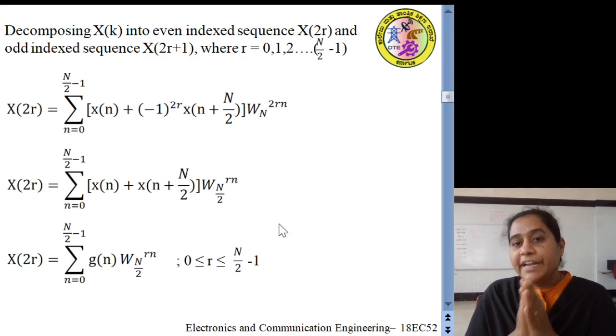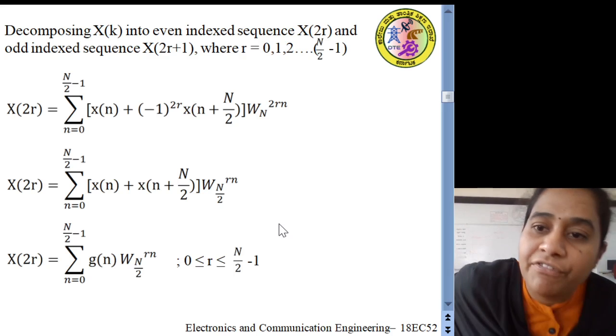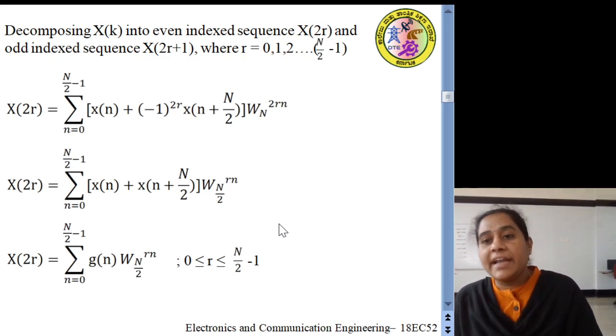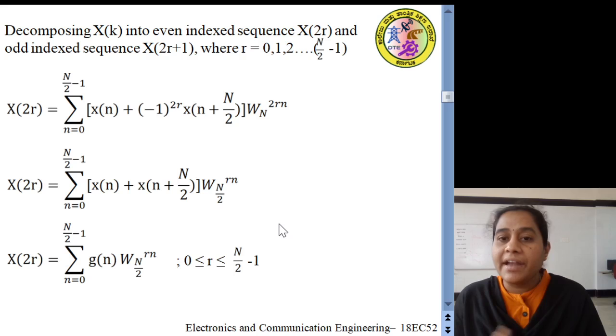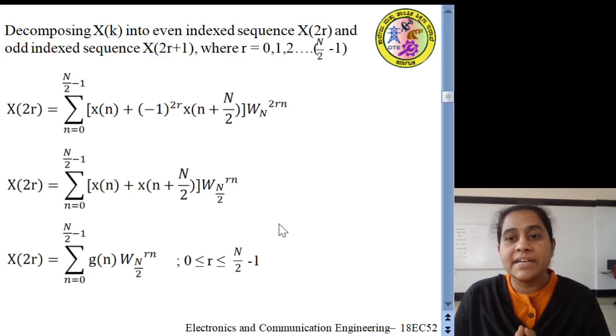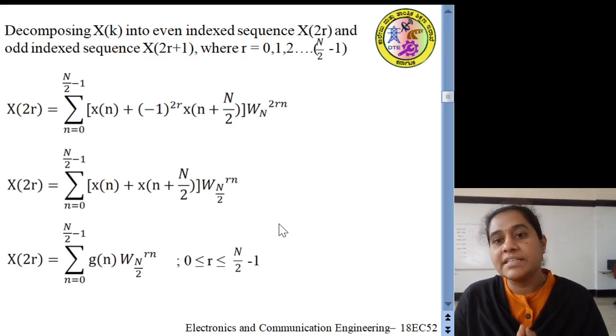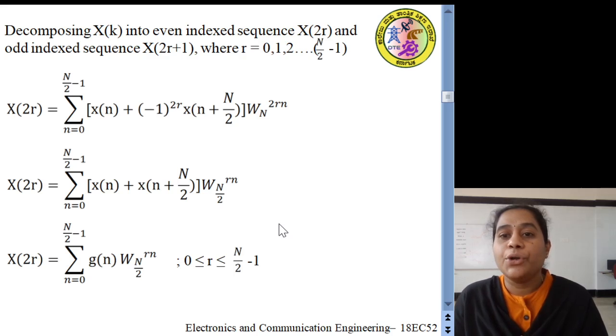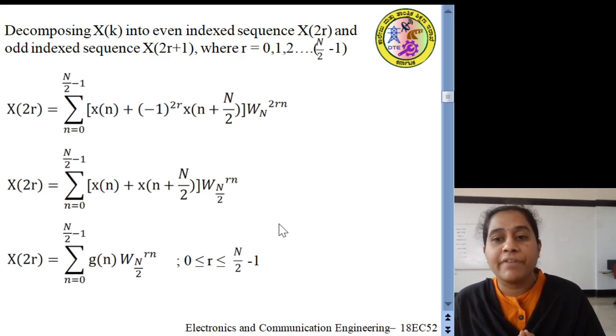Now, we decompose our DFT X of k into even index sequence and odd index sequence. The even index sequence is represented by x of 2r and the odd index sequence is represented by x of 2r plus 1. Here, the value of r varies from 0, 1, 2 up to N by 2 minus 1.